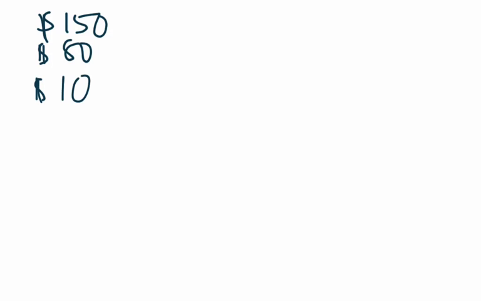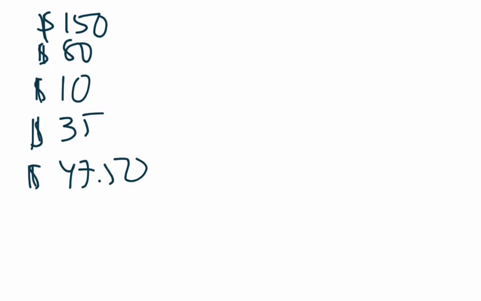So suppose I said, all right, not just the 90 pair of jeans. I want you to find the discount for something that was $150, something that was $80, something that was $10, something that was $35, something that was $47.50. If you're doing this calculation separately, you're going to have to do two calculations for each item.